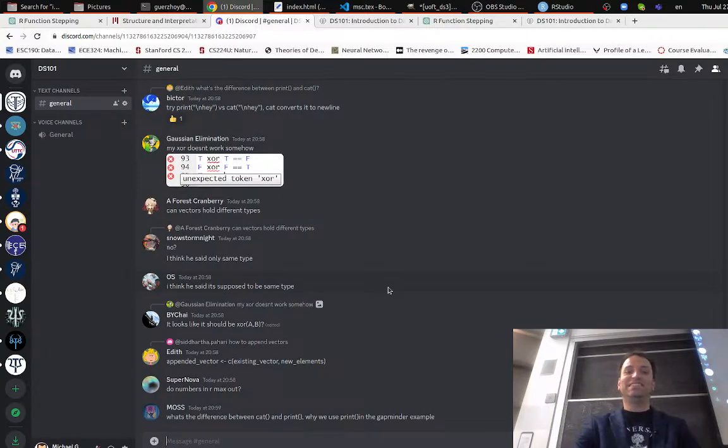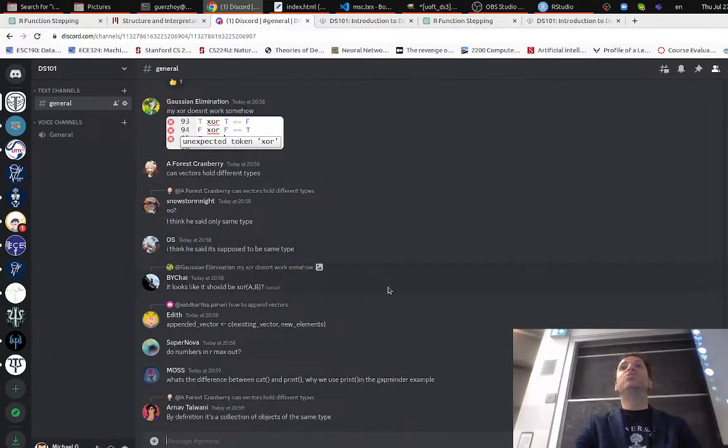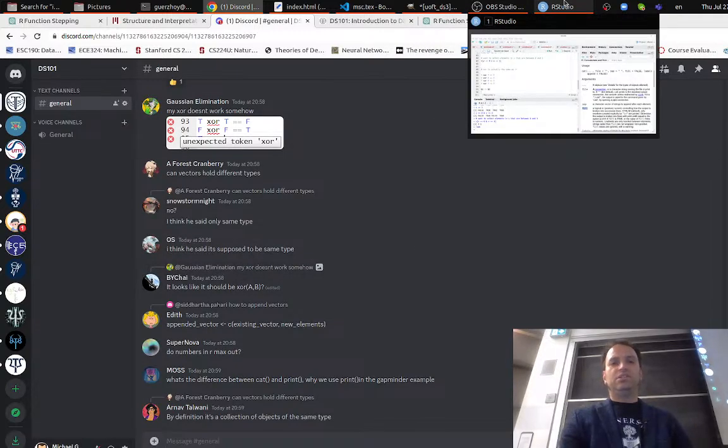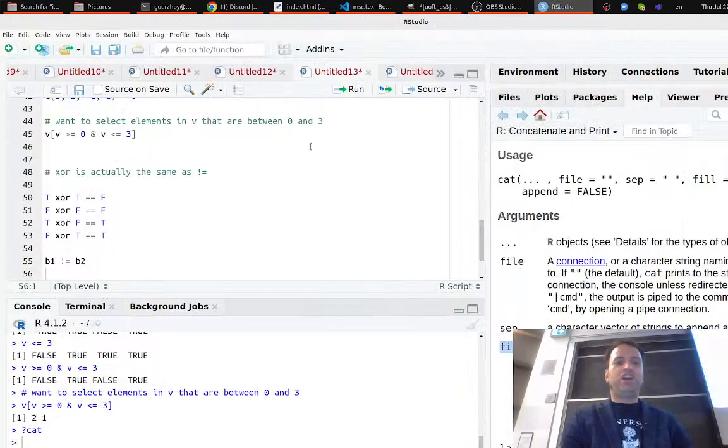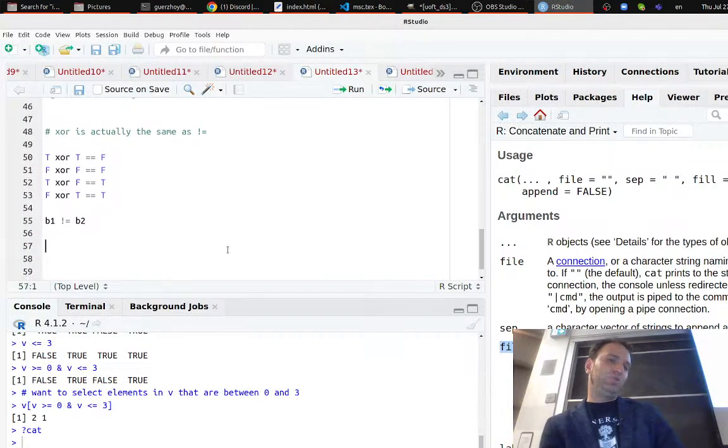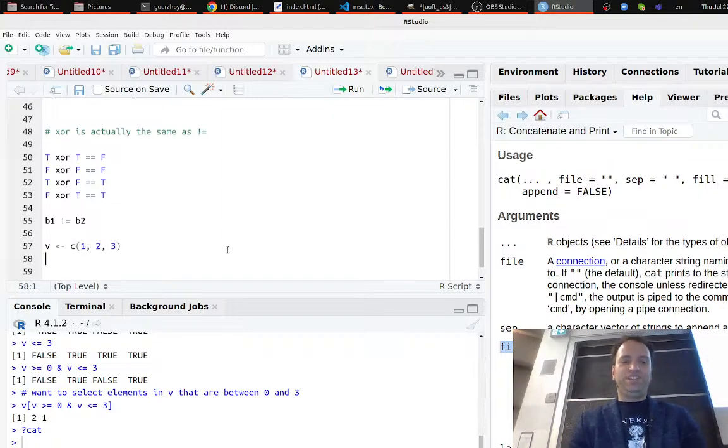Can you add elements to a vector? I mean, you should. In general, the philosophy of this class is that we don't change values of variables ever. So you can certainly do something like take a vector V as 1, 2, 3 and then append to it.